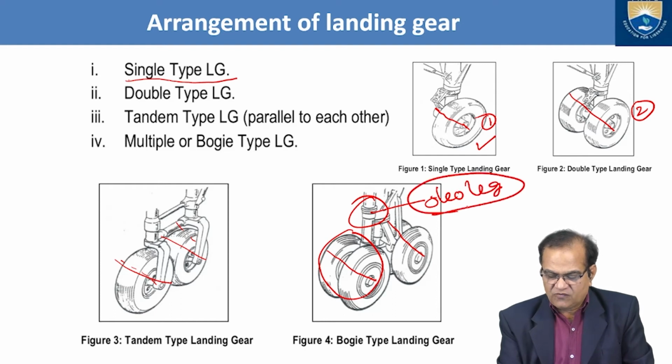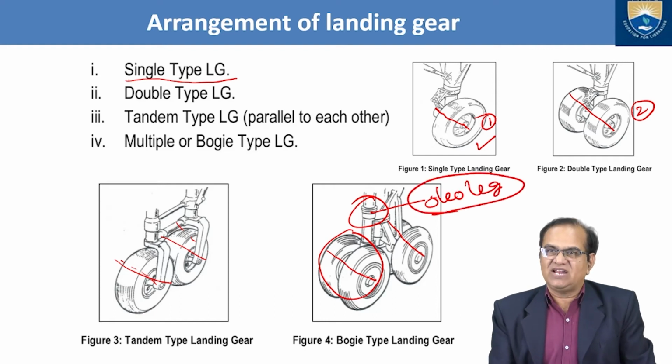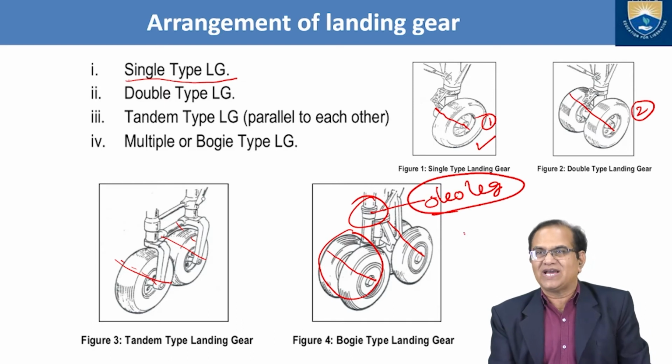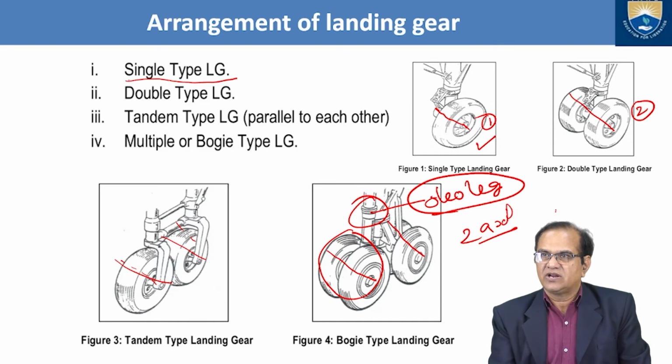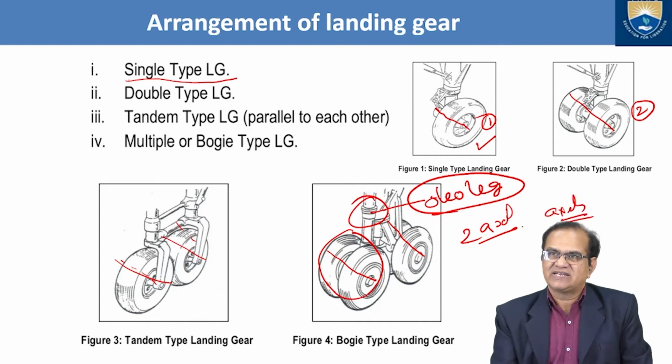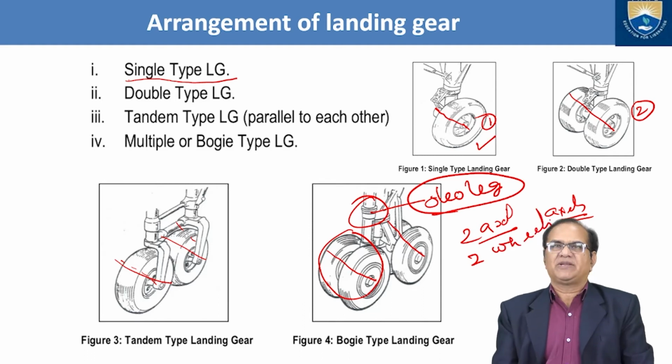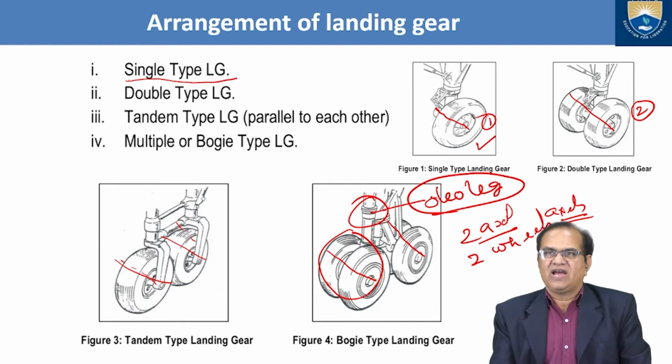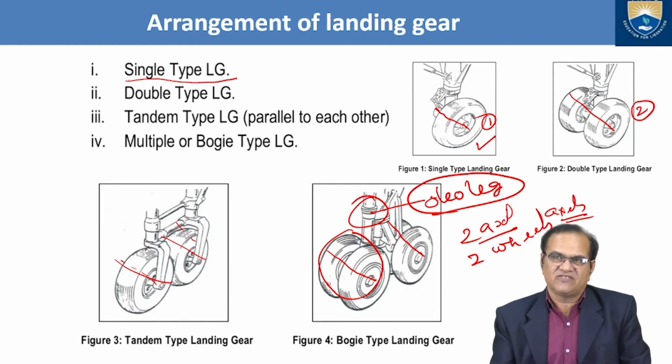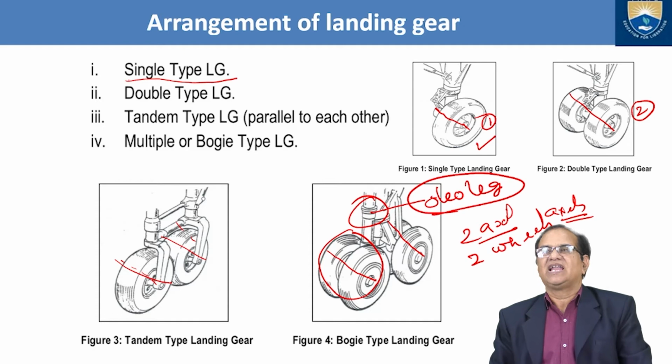So we have two axles, and each axle has two wheels. So it is called the multiple or the bogie type of landing gear, and this you can see here, the difference between these landing gears.